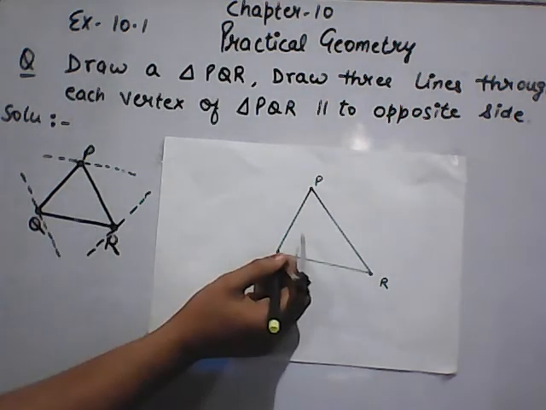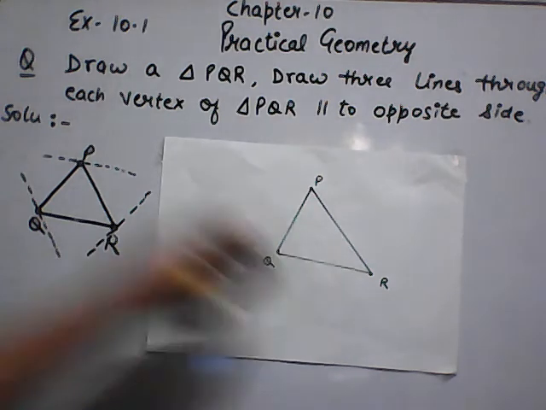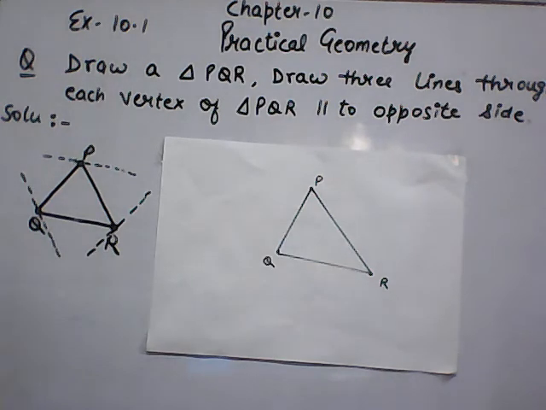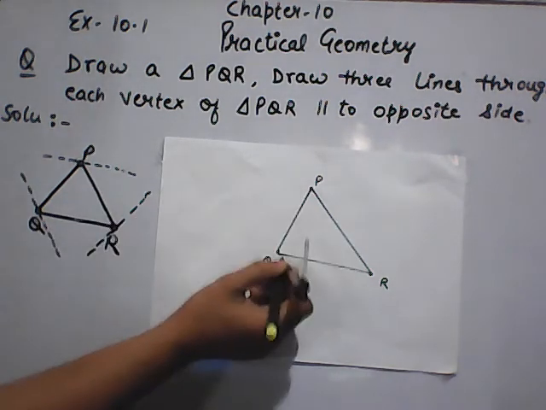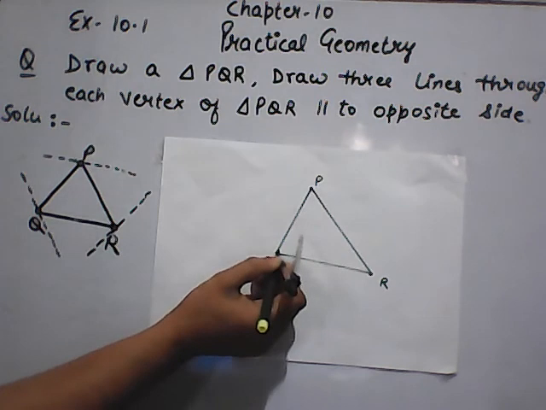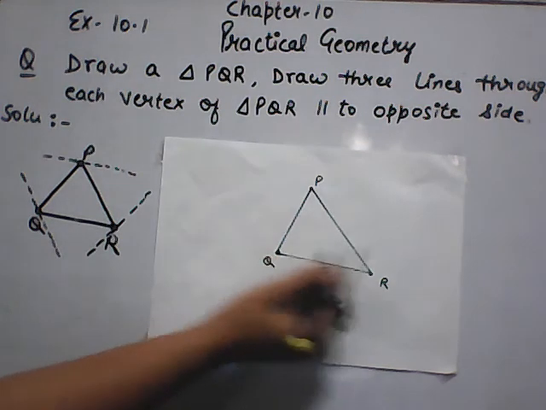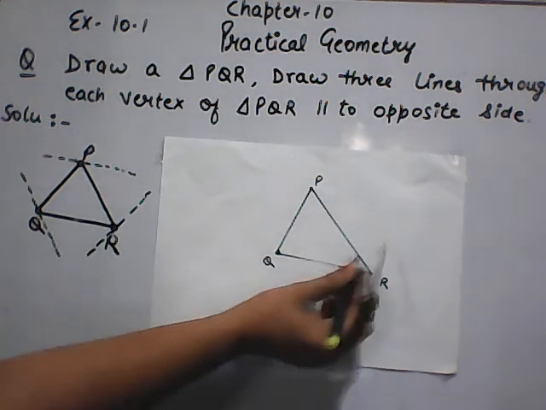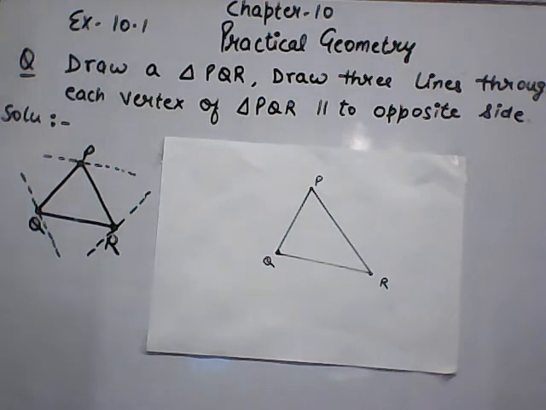Now, you have to draw 3 lines through each vertex. Firstly, we have to draw a line at vertex Q, which is parallel to PR. We know the property of parallel lines: alternate interior angles should be equal. Then these 2 lines are said to be parallel lines.